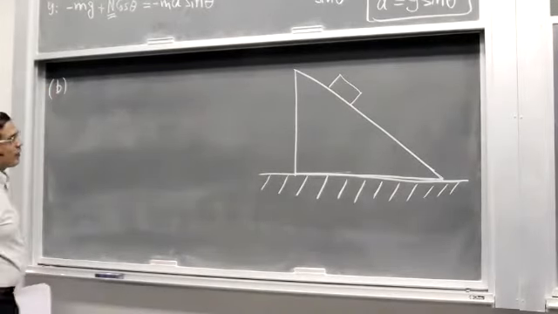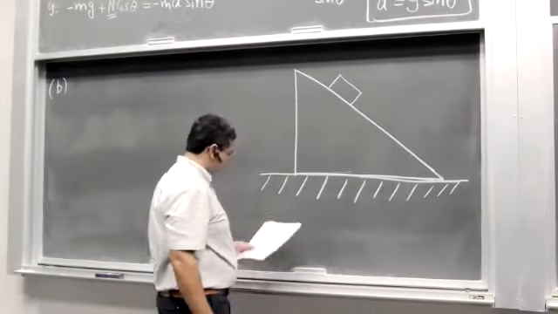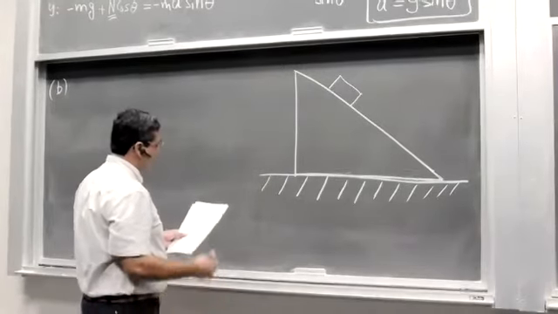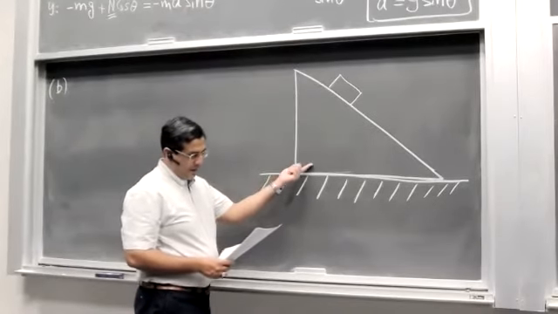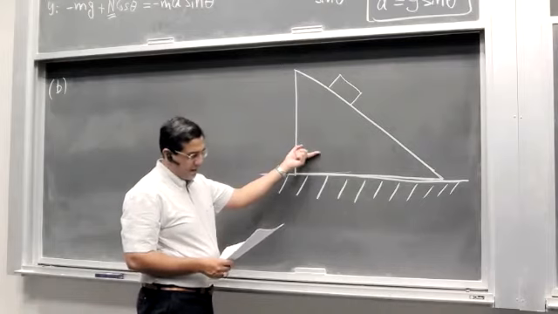It is no more fixed with the ground. So now we have to write the equation of motion, the force acceleration equation, or the forces and free body diagram for the wedge as well.